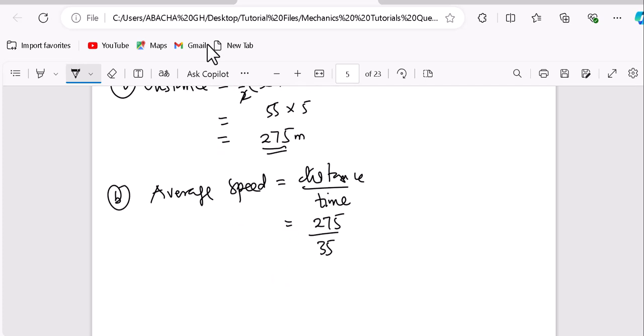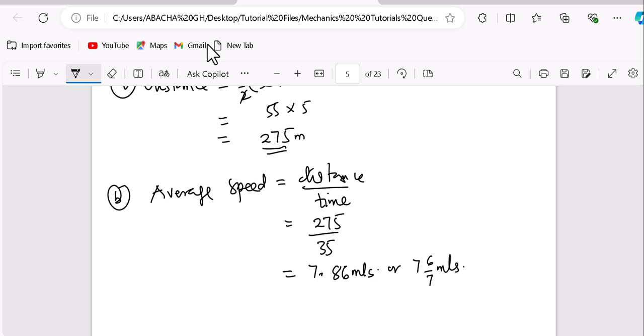So this becomes 275 divided by 35, and we have 7.86 meters per second, or we can write it as 7 whole number 6 over 7 meters per second.